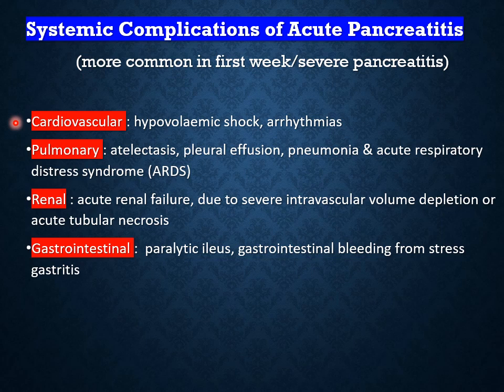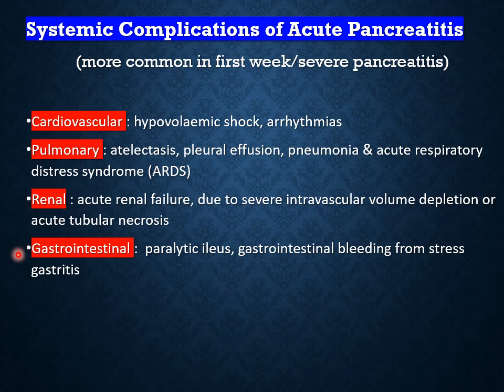The common ones are cardiovascular: hypovolemic shock and arrhythmias; lung: pulmonary atelectasis, pleural effusion, pneumonia, or in severe cases it can cause ARDS, acute respiratory distress syndrome; and renal complications, especially acute renal failure with oliguria and even anuria, due to severe intravascular volume depletion and acute tubular necrosis.